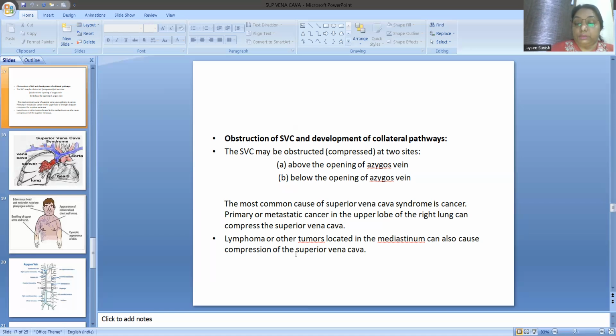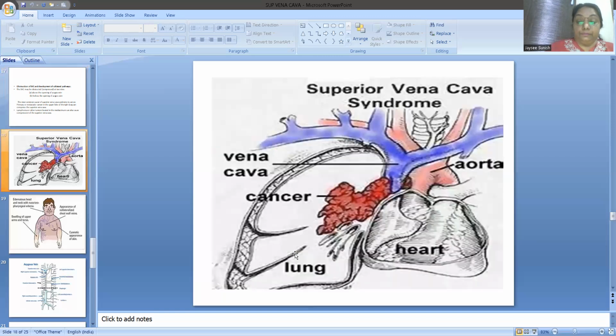Lymphoma and other tumors located in the mediastinum can also cause compression of the superior vena cava. We can see the lung, the cancer, and the superior vena cava, and how the tumor compresses it, very easily in this diagram.